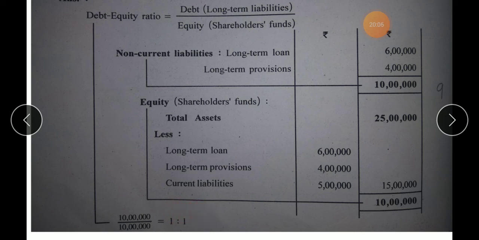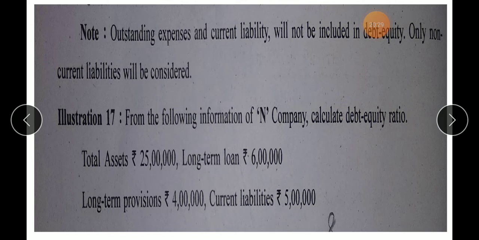The answer for debt equity ratio is presented in terms of proportion always. And here we complete illustration 17. I will repeat the explanation of shareholders' funds. See, understand, the total of asset side is given 25 lakh.